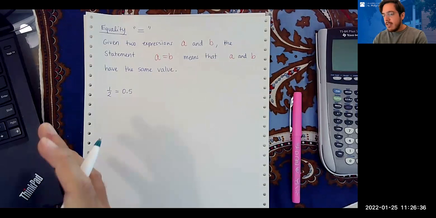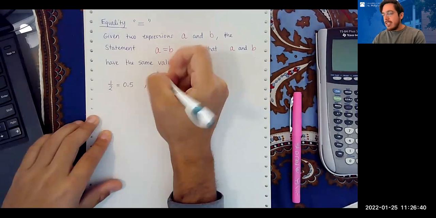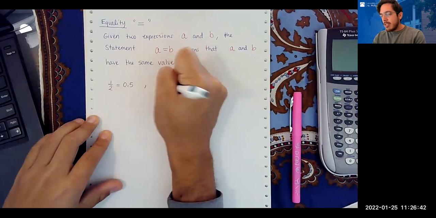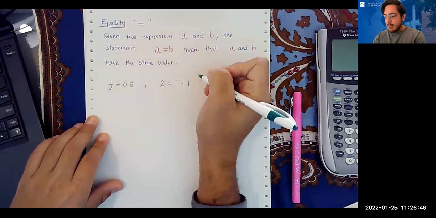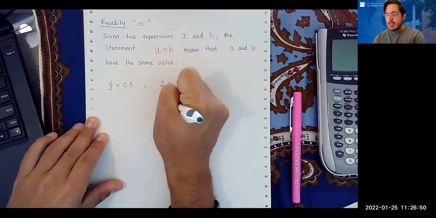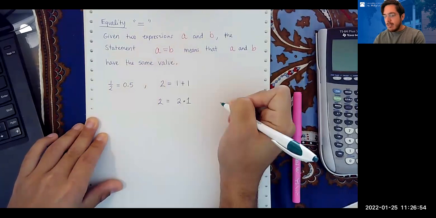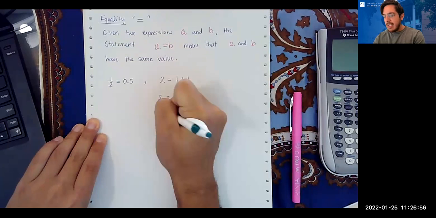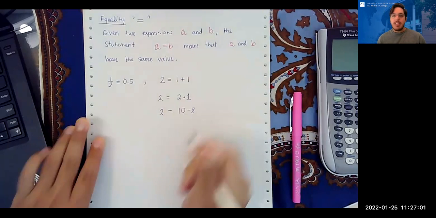For instance, we should know that the number 2 is equal to the expression 1 plus 1. Or I could also say that the number 2 is equal to 2 times 1. Or I could say the number 2 is equal to 10 minus 8, right? And I can come up with a bunch of different expressions that mean the same thing.